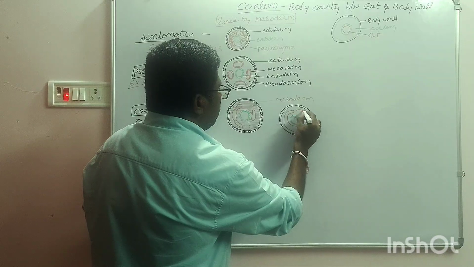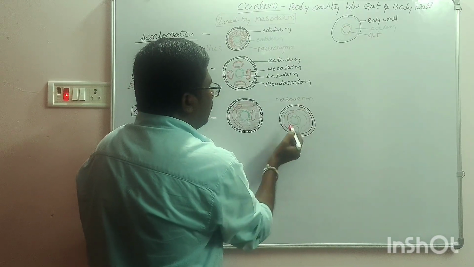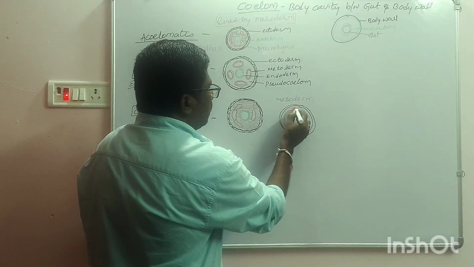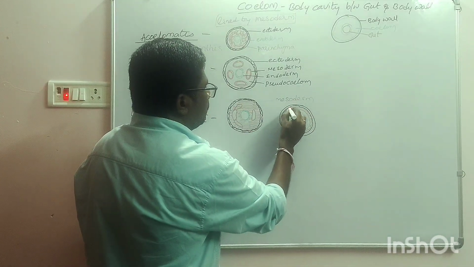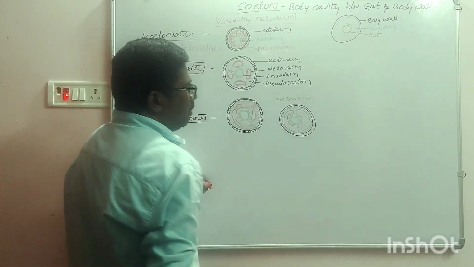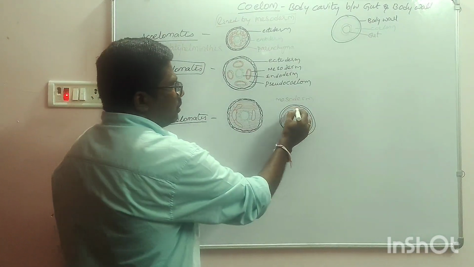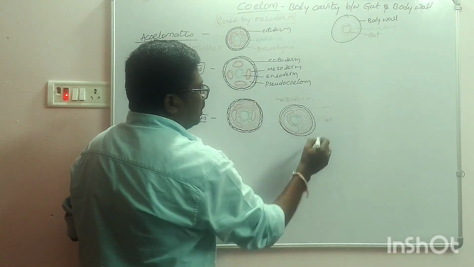This is the coelom, and here mesoderm is there. Around the endoderm also mesoderm is there. So this is a mesodermal layer, and this is also a mesodermal layer.